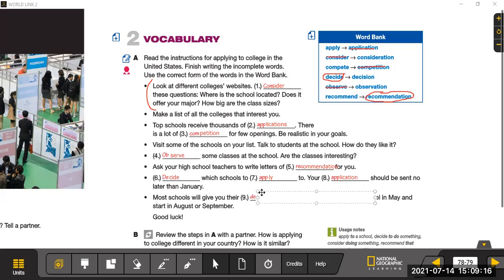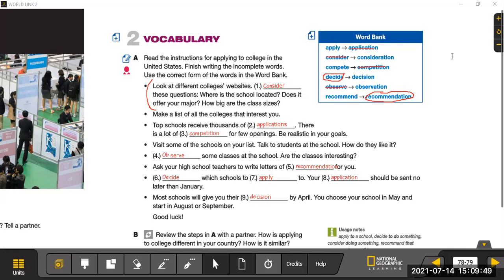In this case it is decision. Okay, decision. Most schools will give you their decision. Que van a dar su decisión. So, this activity is for you to understand when to use the verb and when to use the noun.